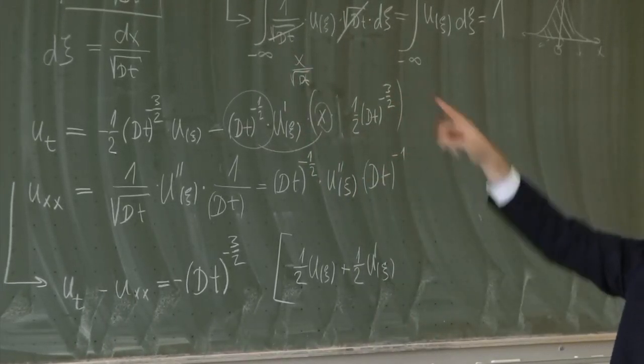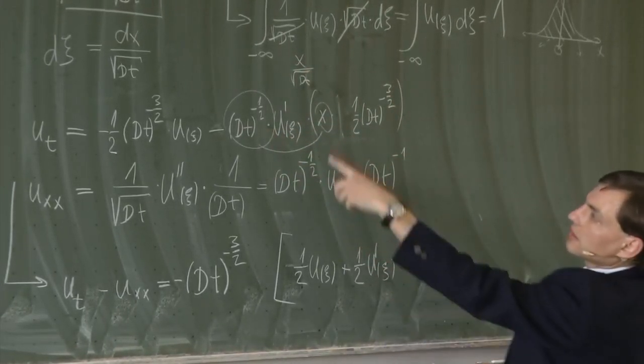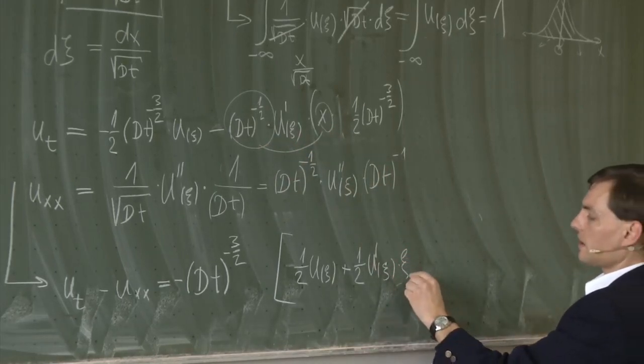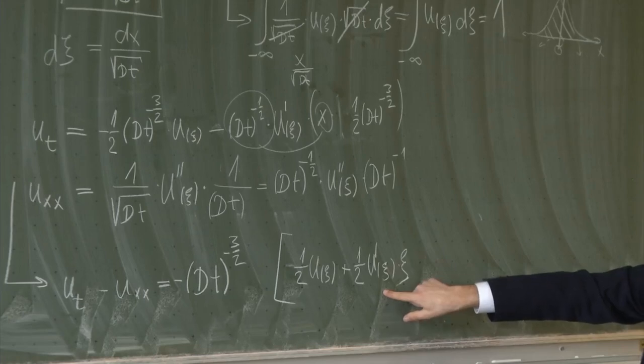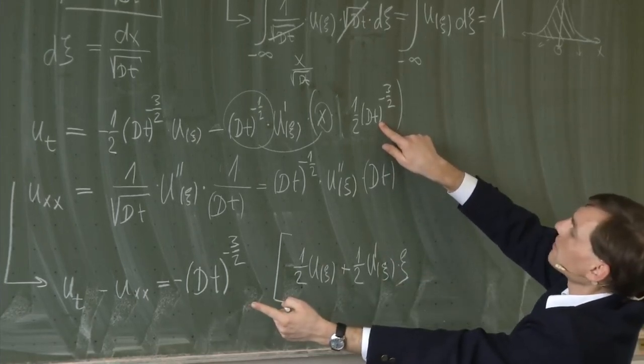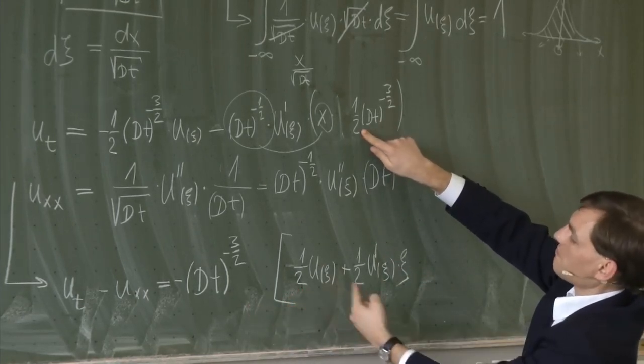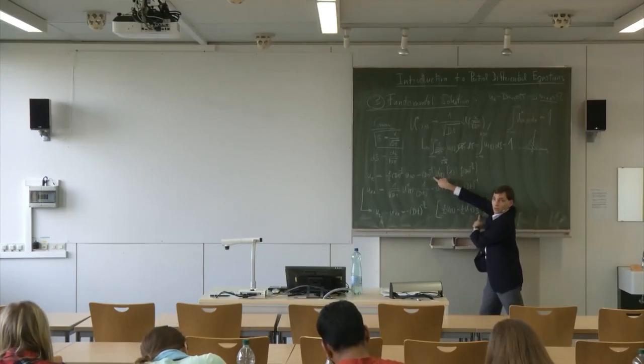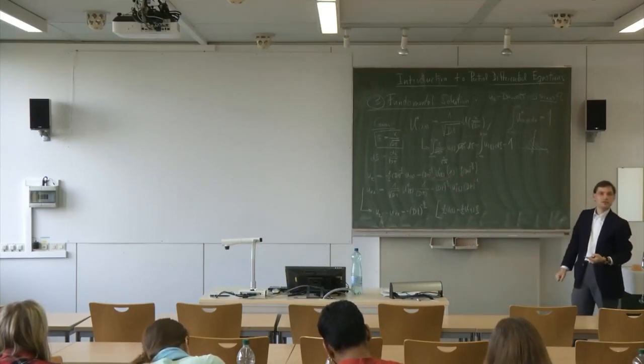This is my xi. So I have also here, if I write this in other letters, I can write it like this. The dt is factored out. I have the minus, I have the function, and these two is xi. That's the definition of xi.